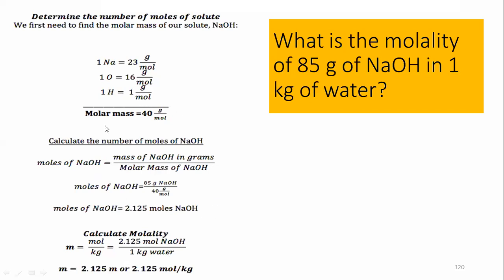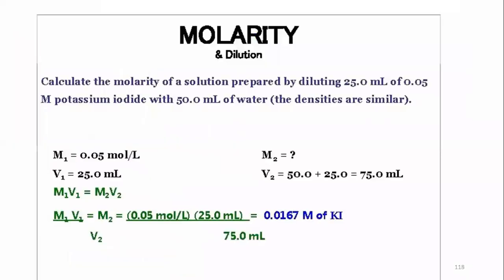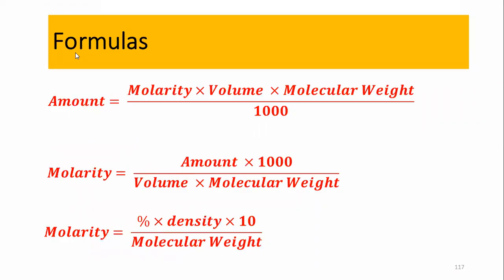So this is the very basic conversion, and as explained in the molarity, I'm just showing you again the back conversion. You can also use this formula, and further you can watch the previous video. This is the same way.